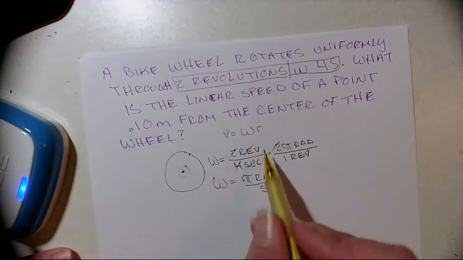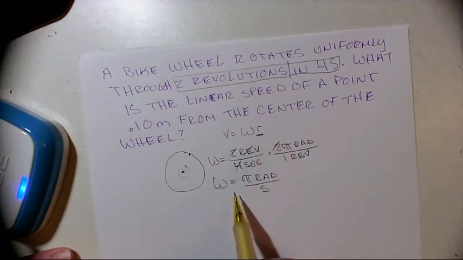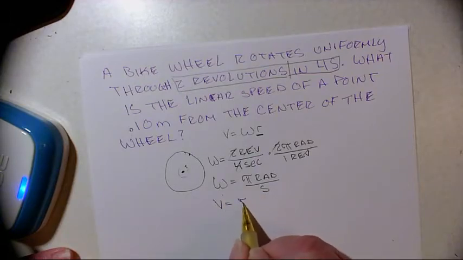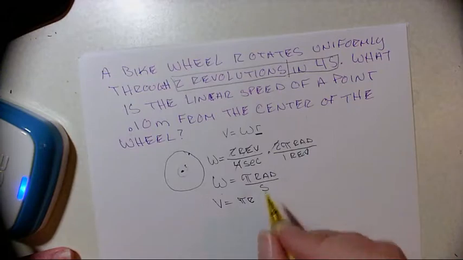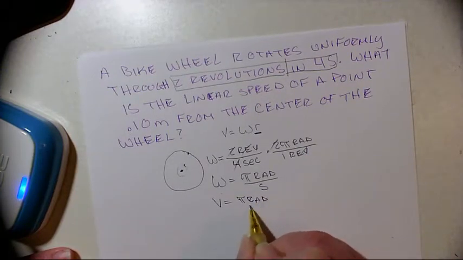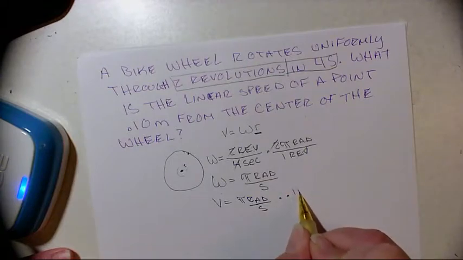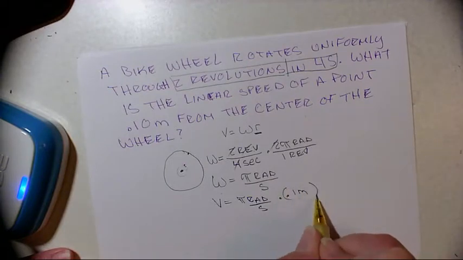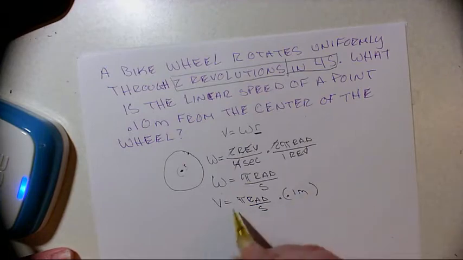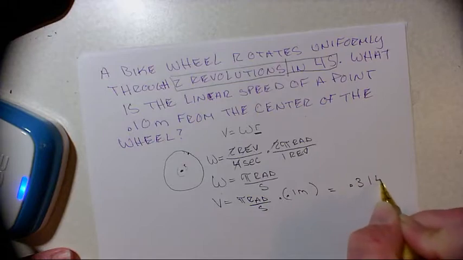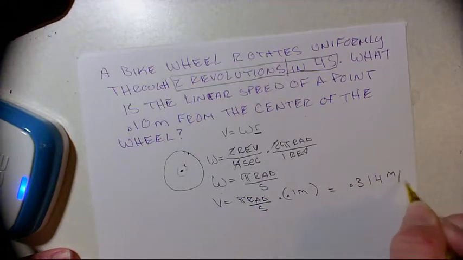And when we're thinking about v, I need r, so v equals pi radians per second times our r, which is 0.1 meters. And let me just do that. So my 3.14 is going to become something like 0.314 meters per second.